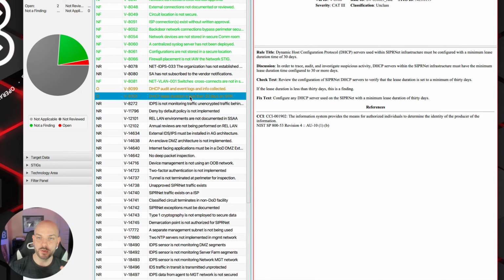Obviously, there might be some operational concerns with oversaturation and devices holding on to DHCP addresses for a long period of time, causing issues with everybody being able to get an IP address. But if that's the case, then you really need to expand your scope for DHCP. Ideally, in this case, they're saying that you should have at least 30 days or more, and I think that's probably a safe bet to go with.